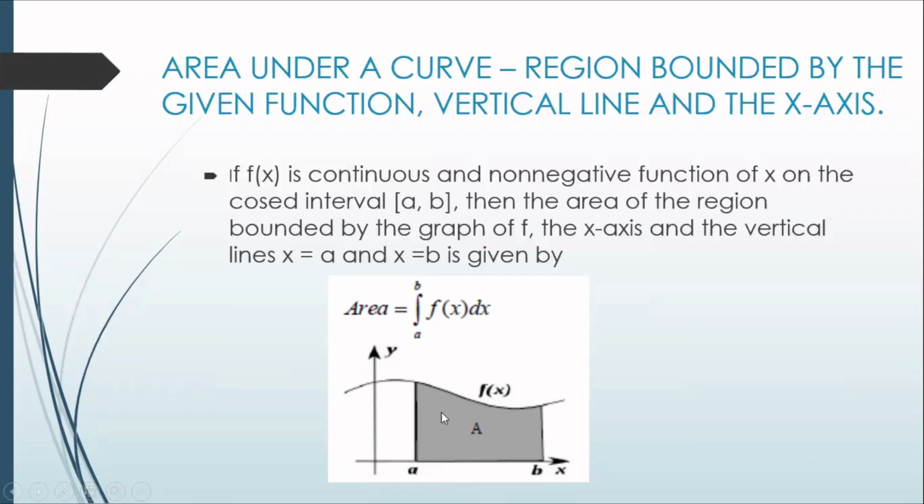Okay, so area under the curve is this part, the shaded part. If f(x) is continuous and non-negative function of x on the closed interval [a, b], then the area of the region bounded by the graph of f, the x-axis and the vertical lines x equal to a and x equal to b is given by this function.